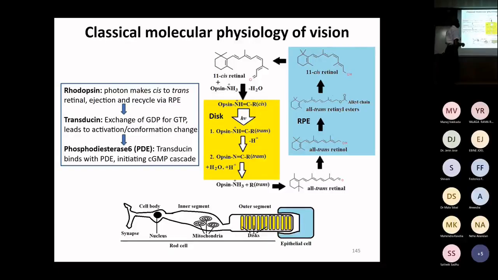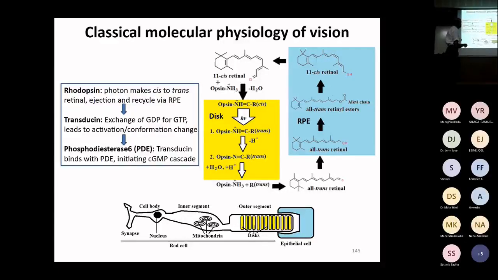Rhodopsin is a protein that has this cis retinol, 11-cis retinol. This is the structure. This is a carotenoid, a retinoid. What happens is, this binds in a particular conformation in the retina and rhodopsin, and then there's a Schiff base formation, and then you have the photon.